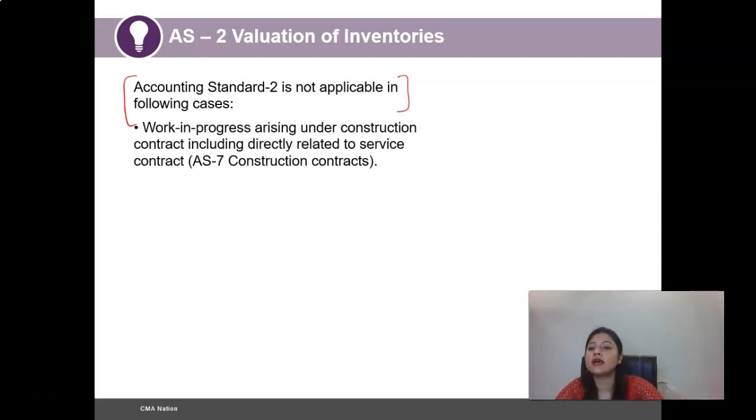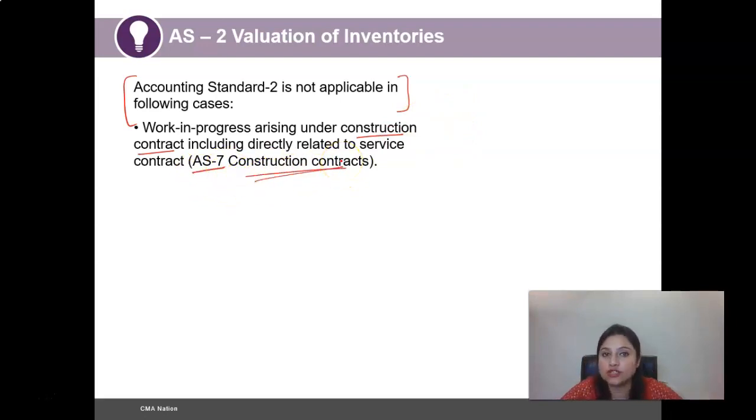For instance, accounting standard 2 is not applicable on the work in progress arising under construction contracts. In the case of construction contracts, if there is work in progress material, the inventory need not be valued according to AS2 valuation of inventories. Here the accounting standard that will apply in this particular case would be AS7, construction contracts.